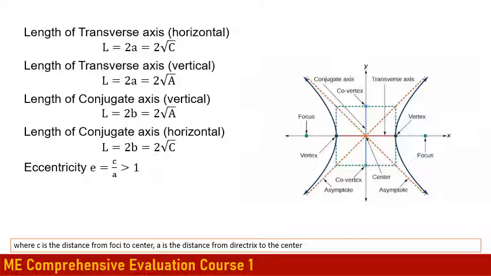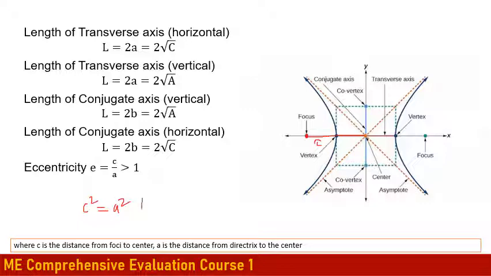So the C is the distance from the foci to the center. So this is the focus, and its distance to the center is equal to C. Then you can find now that C is greater than either A or B, such that the relationship between them would be C squared is equal to A squared plus B squared.